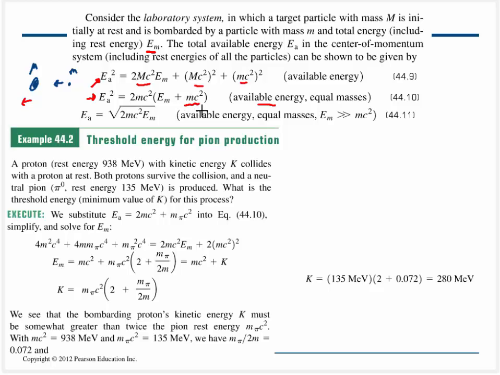Or if the energy of the particle that you're smashing into the big one is relatively small, then you can even just boil this guy down even further into this guy right here. And again, this is going to be the energy available to the system. It's kind of what you're smashing your thing into, as well as what you're bombarding it into.